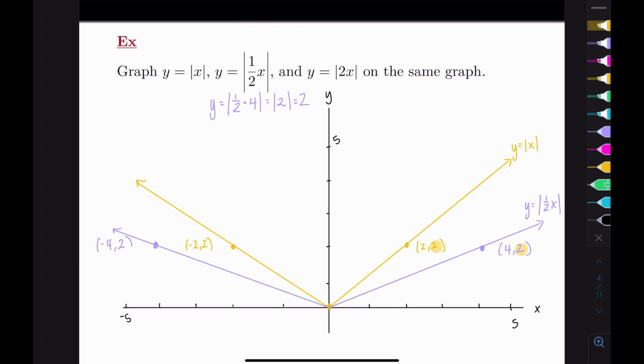For y equals 2x, if I plug 1 into this expression, I still get the absolute value of 2, which is 2. So I actually now go through the point 1, 2. So I've taken this point and I've shrunk it inwards to get the other shape of our graph.